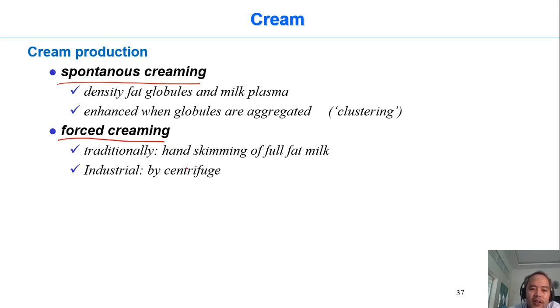We use a centrifuge, like we discussed in the part on centrifugation already. We apply centrifugal force and we have the cream. Or traditionally they can do it by hand.